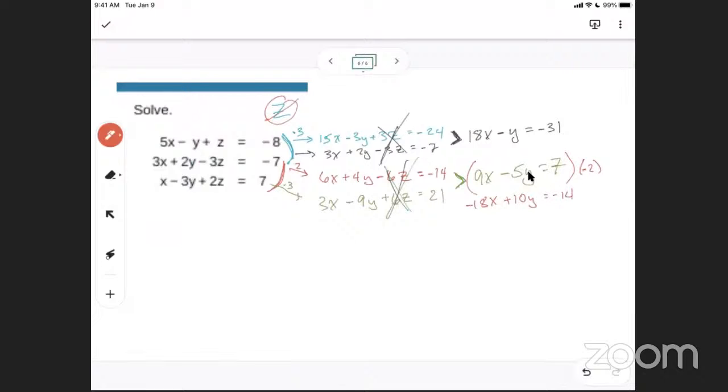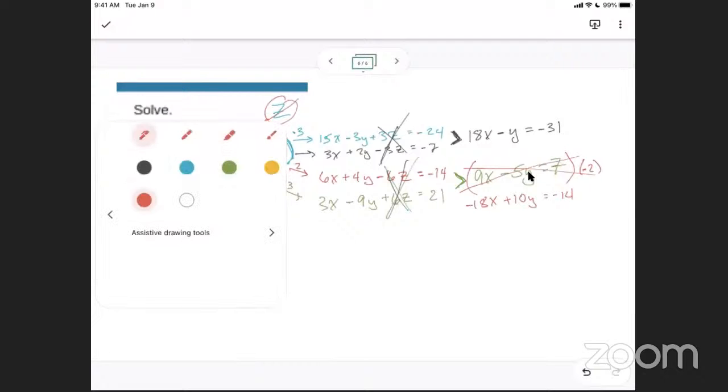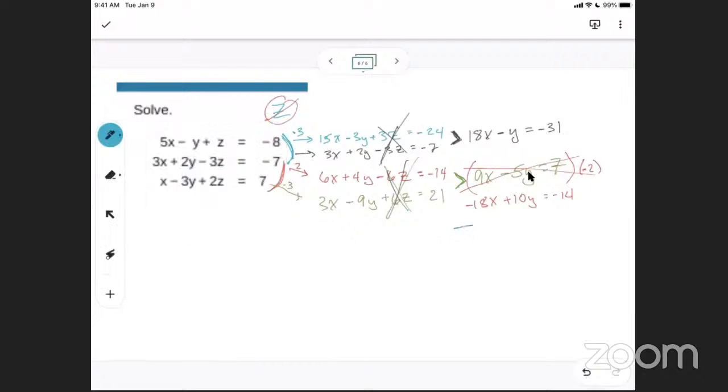And now I'm going to add these two together, right? The x's go away. The y's are a 9y, and the constant on the right is, wait for it, negative 45, which is a multiple of 9.